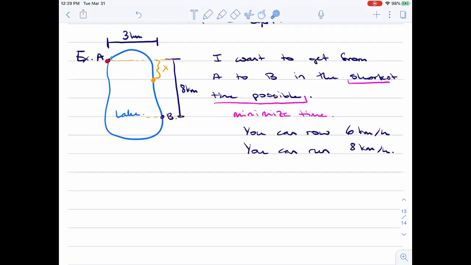Here I'm going from here to here, some distance x, cutting down the distance of 8 kilometers. 8 minus x is what I have to run then. So here, I'm going to row here, and then I'm going to run here. Pretend that this is a right angle. It's not, but whatever.